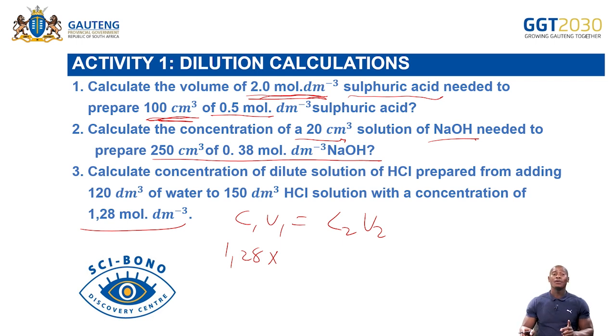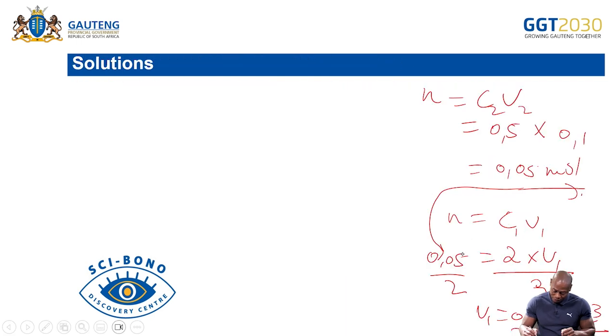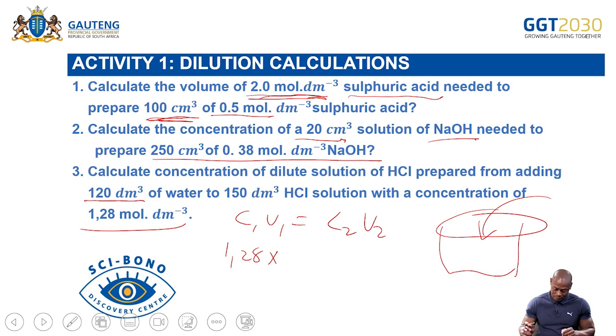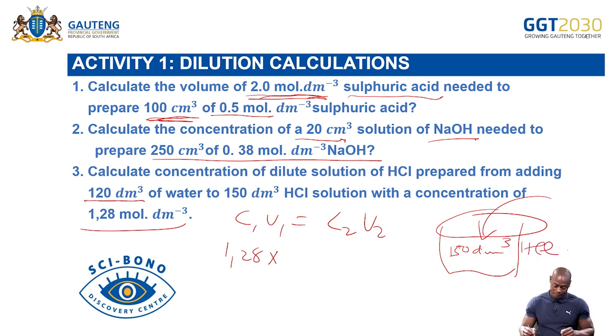They're saying calculate the concentration of dilute solution of hydrochloric acid prepared from adding 120 cubic decimeters of water to 150 cubic decimeters of hydrochloric acid. In other words, initially we had 150 cubic decimeters of hydrochloric acid, right?